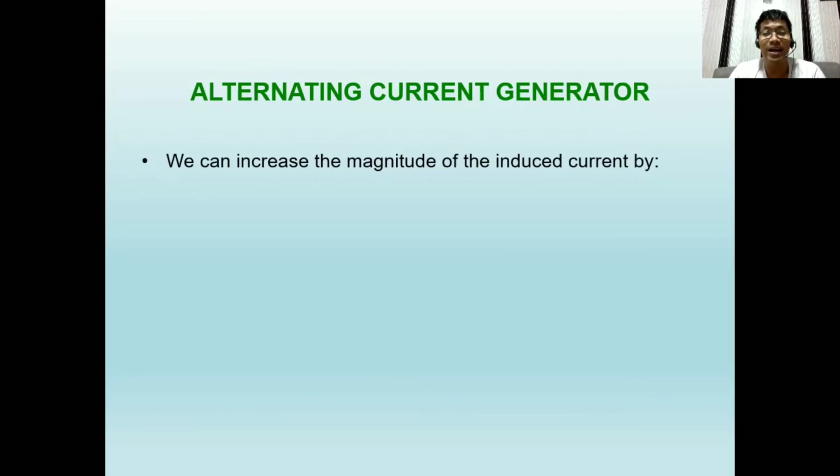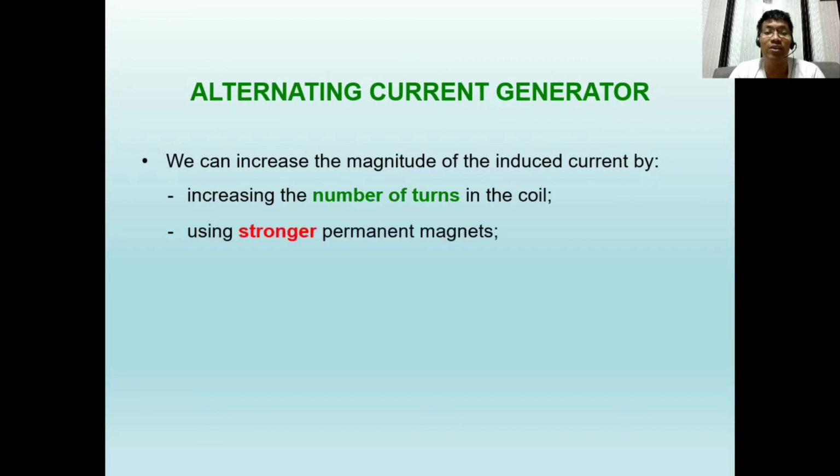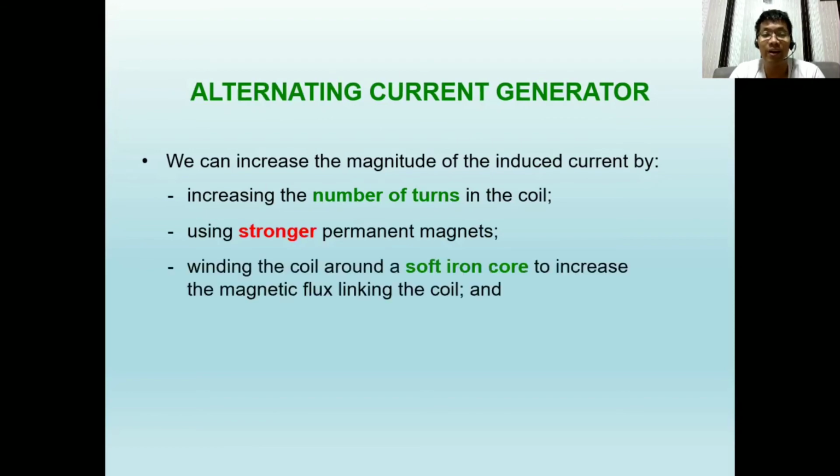How can we increase the magnitude of the induced current? So we can do the following. First, we can increase the number of turns in the coil. Second, we can use stronger permanent magnets. Third, we can wind the coil around a soft iron core to increase the magnetic flux linking the coil. And lastly, we can also increase the frequency of rotation.